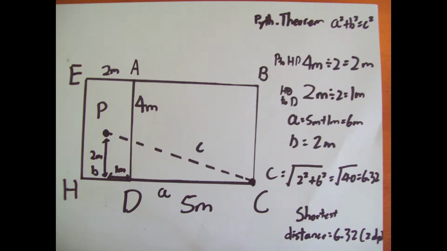Alright, from the picture we can see the shortest route to C, and we have to find the length from P to C. To do this we have to use the Pythagoras theorem, which is used to find the hypotenuse. It is when you square the sides of the triangle which are not the hypotenuse, add them together, and square root them to get the hypotenuse. We will name the midpoint of H and D as X or HD.